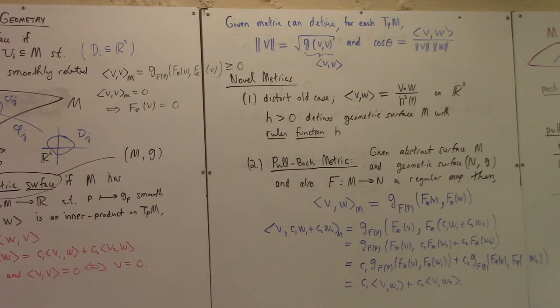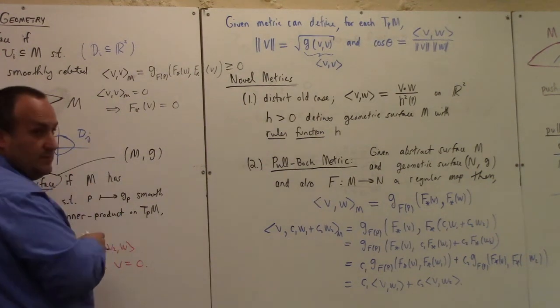I agree with you that F star of 0 is 0 for any map F, but this is a regular map. What does regular map mean? It means that the push forward is one-to-one. It actually means that the push forward is invertible.